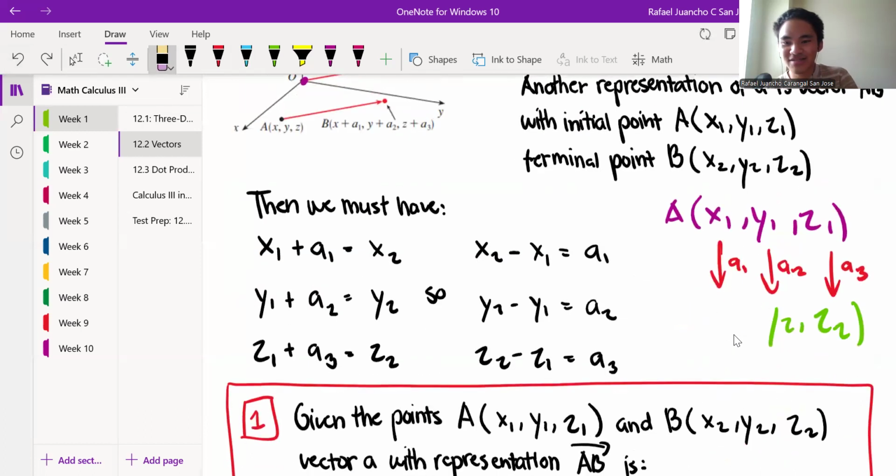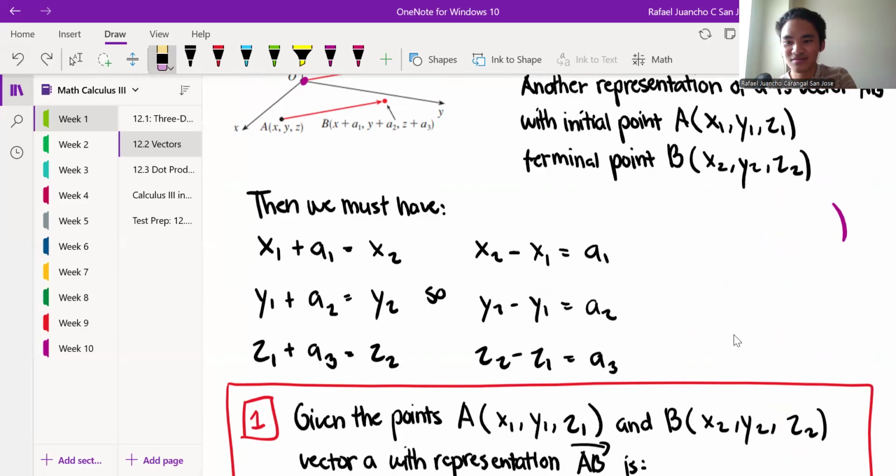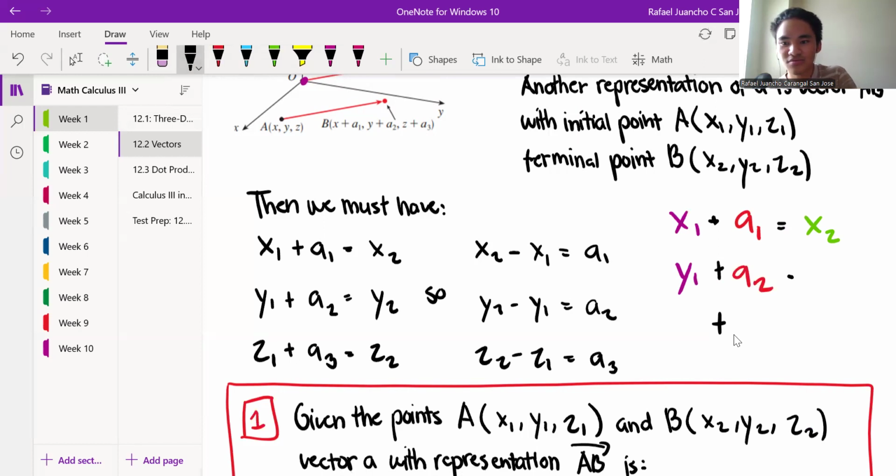So how would this look? Well, if we add them, let's write it nicely. x1 plus A1 is equal to x2. y1 plus A2 is equal to y2.